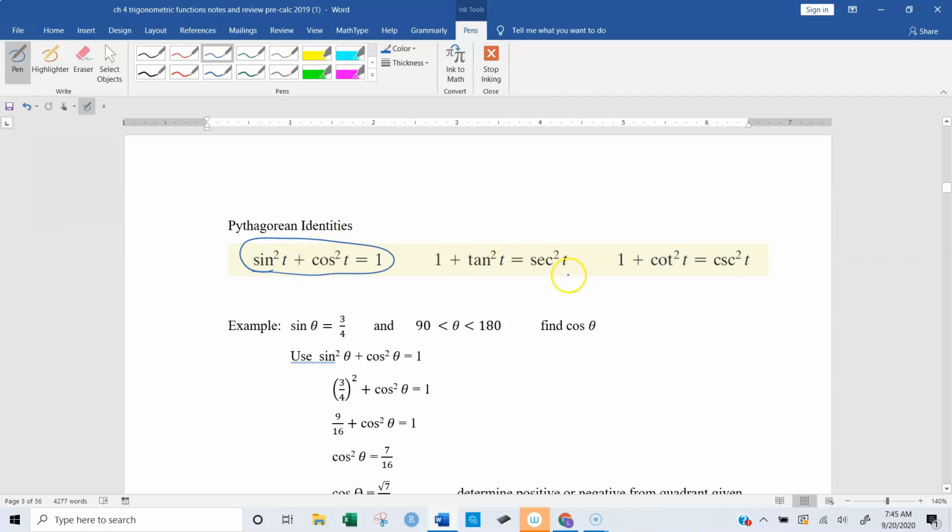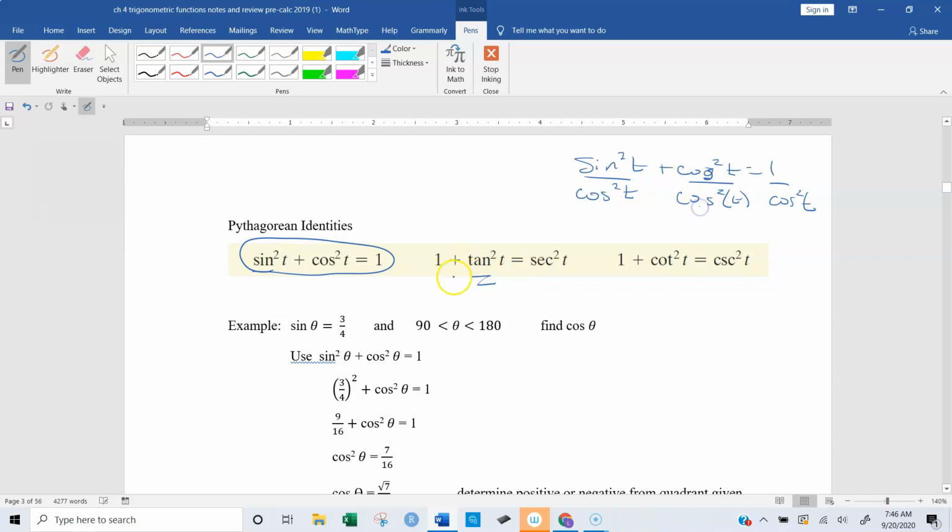To get to the rest of these, all you're doing is dividing. So if I take sine squared of t plus cosine squared of t equals 1, and I divide everybody by, let's say, cosine squared of t, sine divided by cosine is tangent squared.